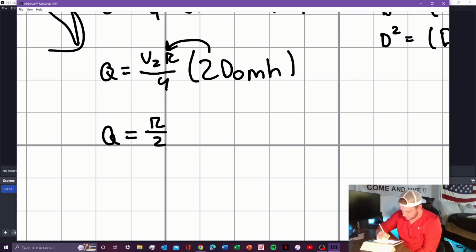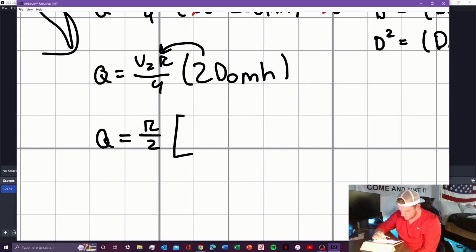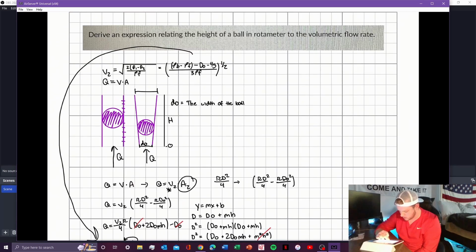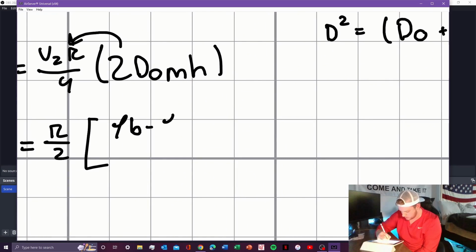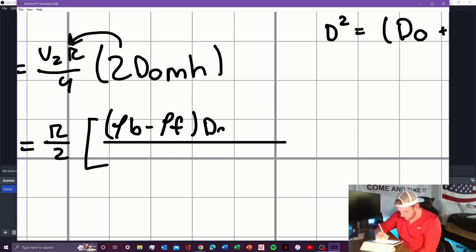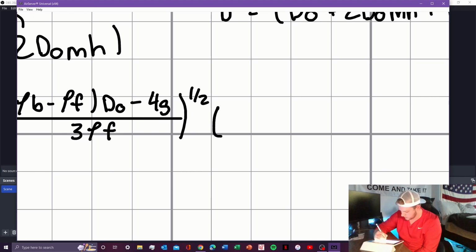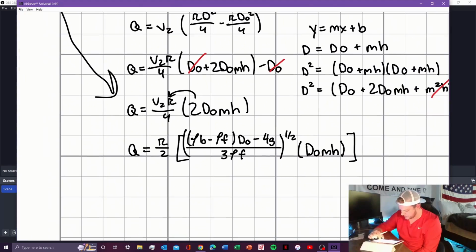It'll be pi over 2 times, let's look, rho B minus rho F times D naught times g times 4g all over 3 rho F, and that is to the 1/2 power, times D naught mh, all of that times pi over 2.